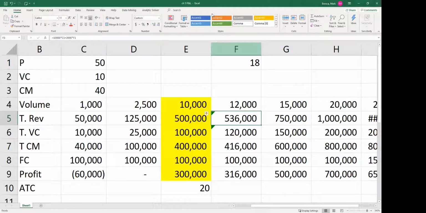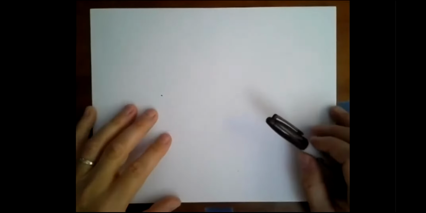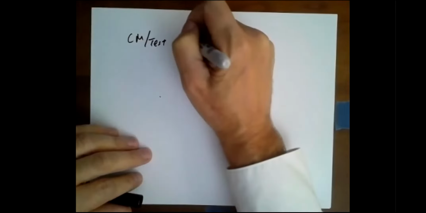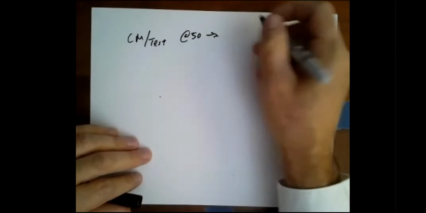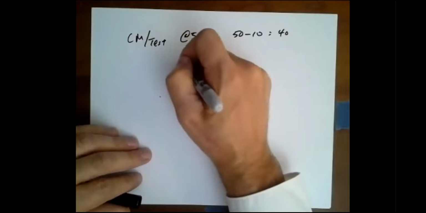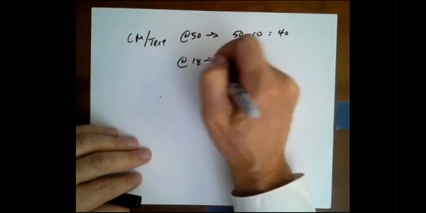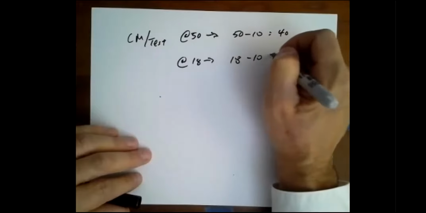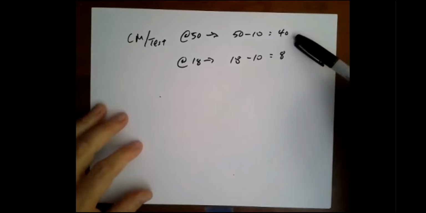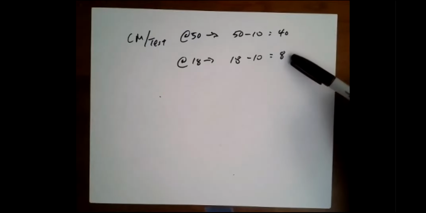So the contribution margin per unit, in this case, the contribution margin per test at $50 is 50 minus 10 equals 40. At $18, it's 18 minus 10 equals 8. Now, obviously, I'd rather have a contribution margin of 40 than a contribution margin of 8.